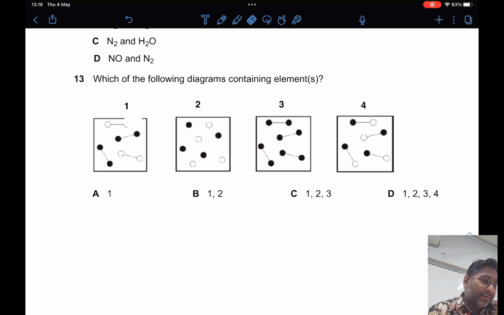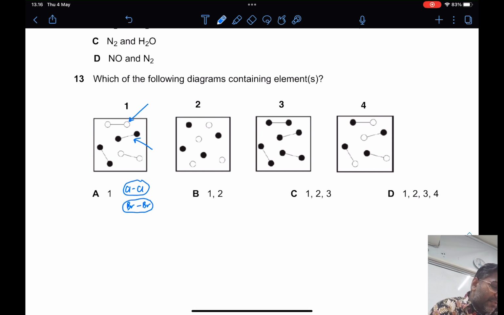So if you look over here, you can see that this is going to be one element. So this is going to be another element. For example, it can be Cl, so Cl2, and then it can be also Br and Br. So they are elements, and another elements.